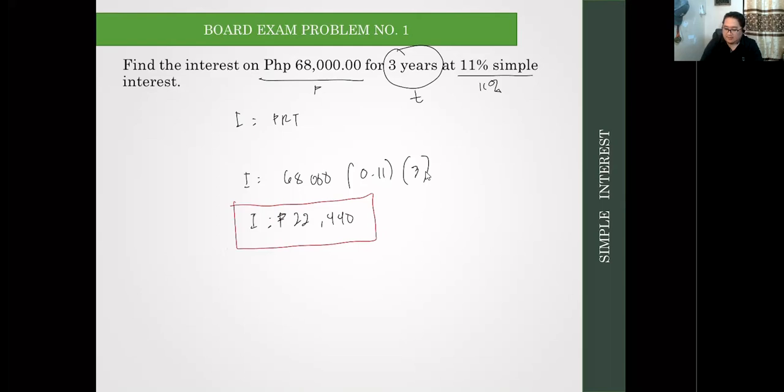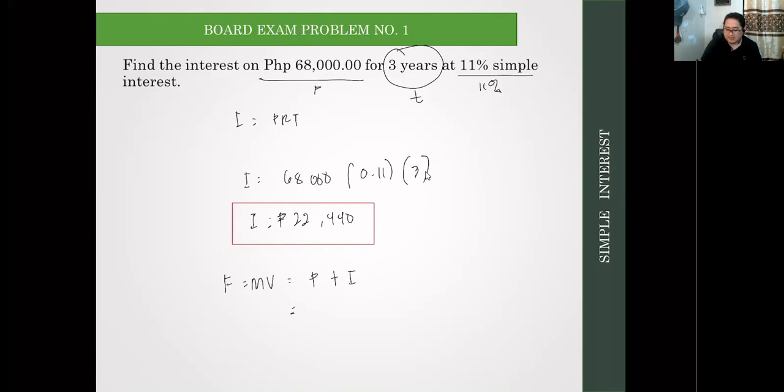So kung halimbawa, hinahanap yung magiging total amount niya, pag pinapahanap is yung future value niya or yung maturity value, that will be yung principal plus yung interest amount natin.